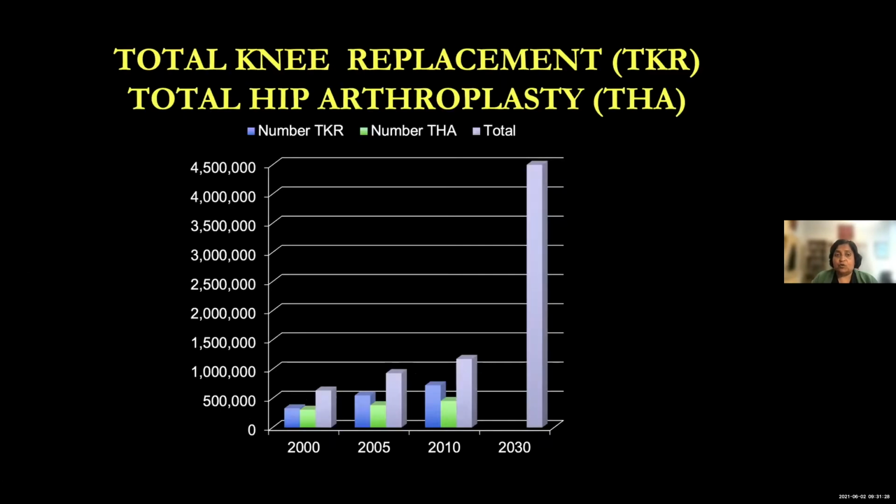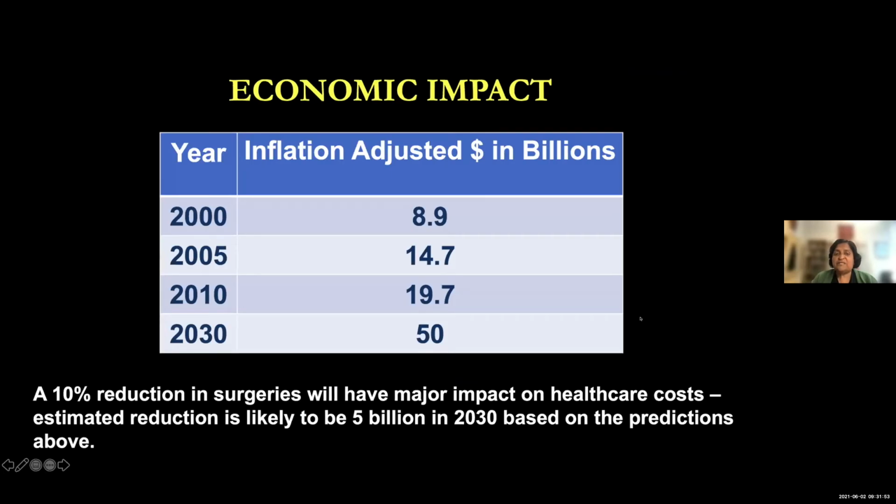And moving forward, let's talk about total knee replacements a little bit, because I've talked about it a little earlier on as well. Total knee replacement numbers are increasing. It is expected by 2030 this is going to absolutely exceed any obvious limits. This is a prediction. I know this is a model, but the numbers have been increasing since 2000. What does this do? The inflation-adjusted cost of this is in billions of dollars.